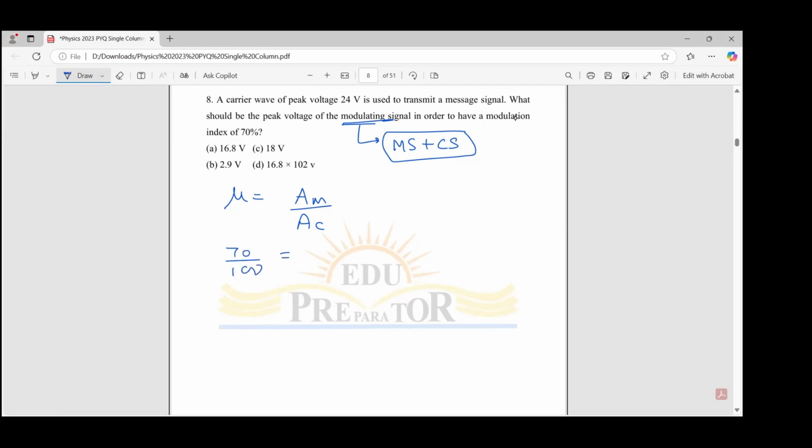The voltage of message is not given. We are given the carrier as 24. Remember, this is a process of modulation, right?